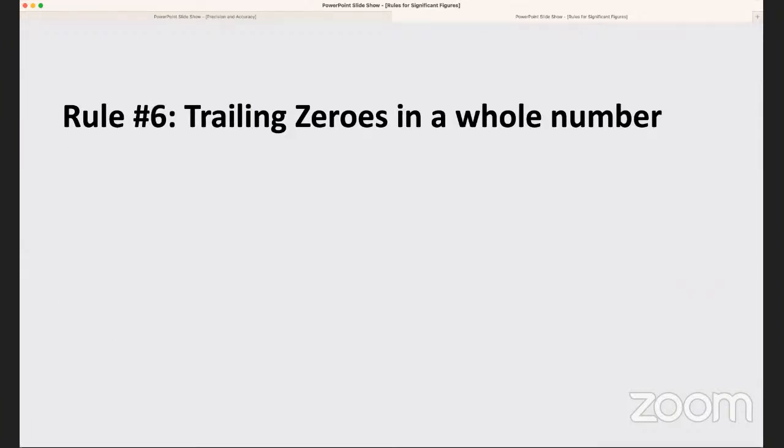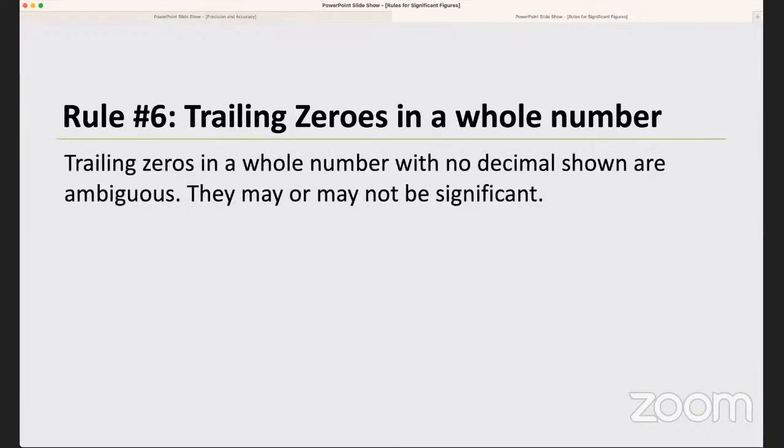Now, what if there is no decimal place in the whole number? So this is where we have a complicated situation. This is ambiguous. That means when you have zeros at the end of a whole number, let's say 1,000 or 2,500 with no decimal point, then we have a confusing situation where the zeros may be significant or not.